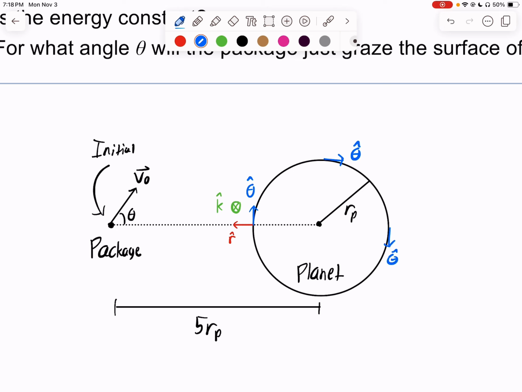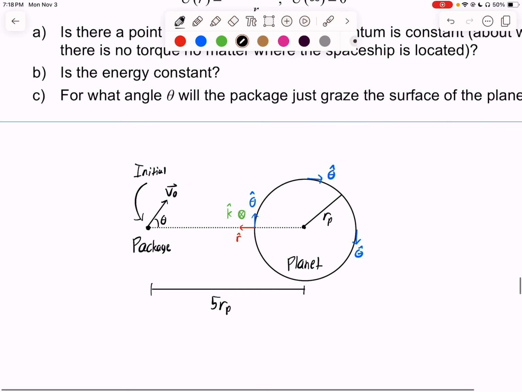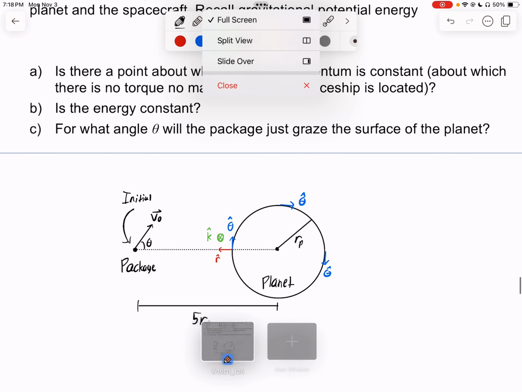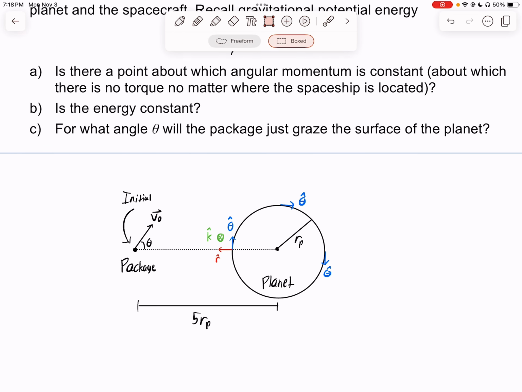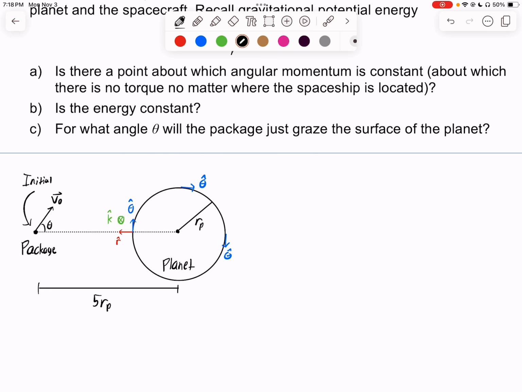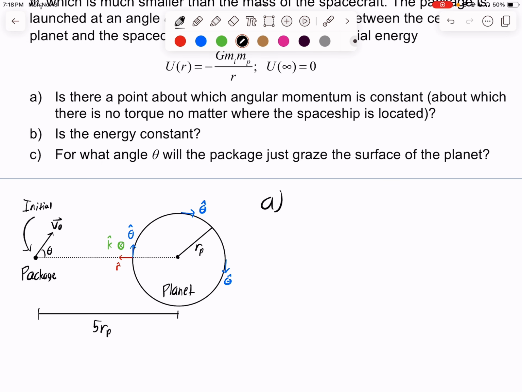When you cross r hat and theta hat, you get k hat pointing backwards, always. So, with all that set up, problem A, because problem A was way too unnecessarily confusing.